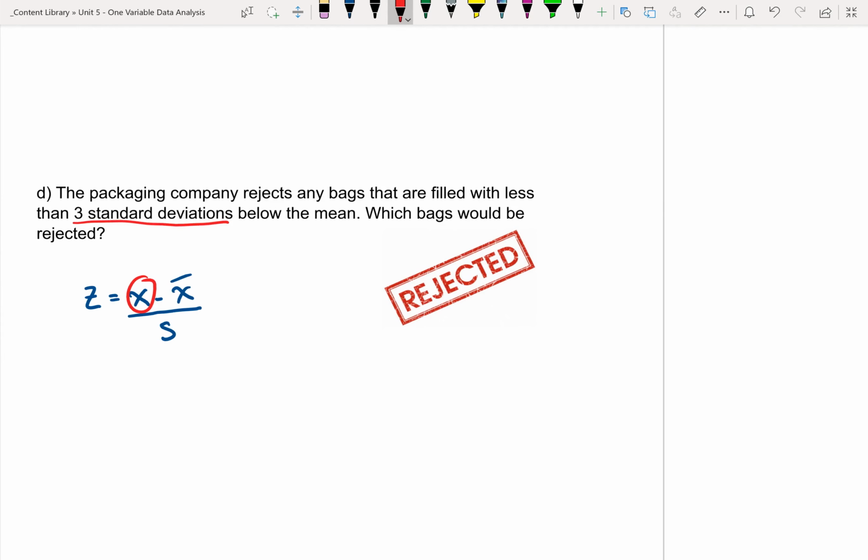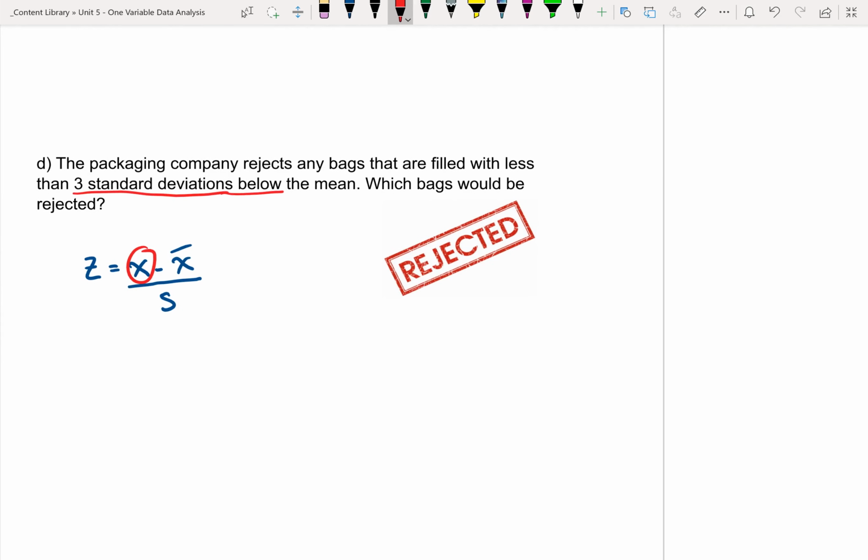So in our formula, because it's 3 standard deviations below, that means my z-score is going to be minus 3. The minus for below the mean, the 3 for the 3 standard deviations. So this equals x minus 30.4, because again, I'm looking for that x value, divided by my standard deviation of 1.2. And now when I solve, negative 3 times 1.2 equals x minus 30.4.